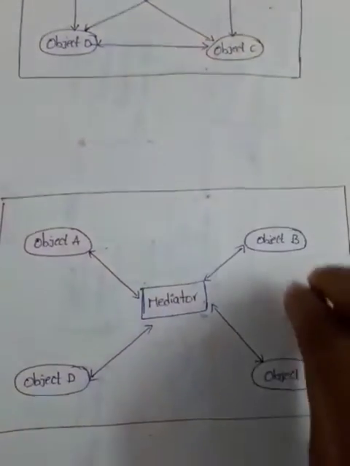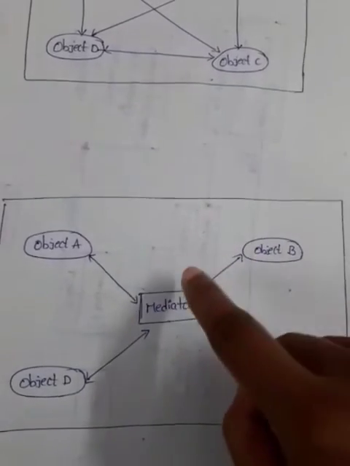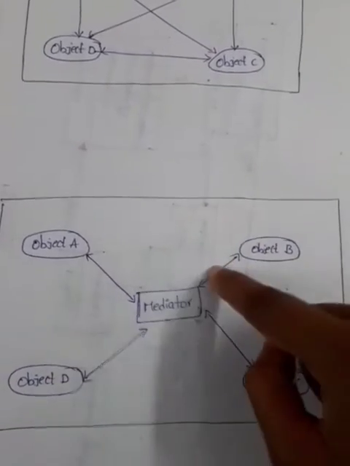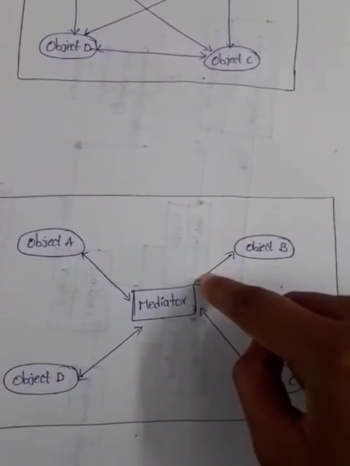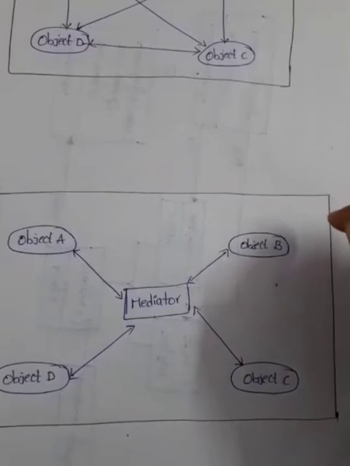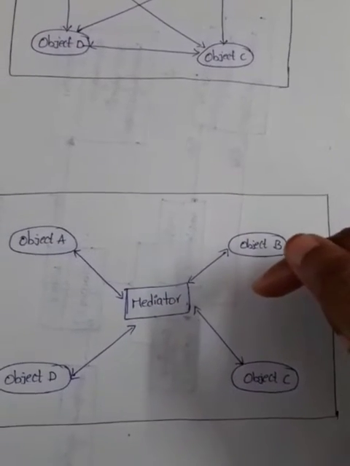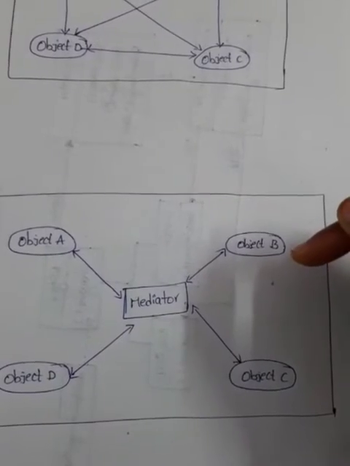Here we introduce a mediator in between objects. Every object has to send a message to the mediator. The mediator is responsible for sending and receiving the messages, and it routes the messages to the destination object.